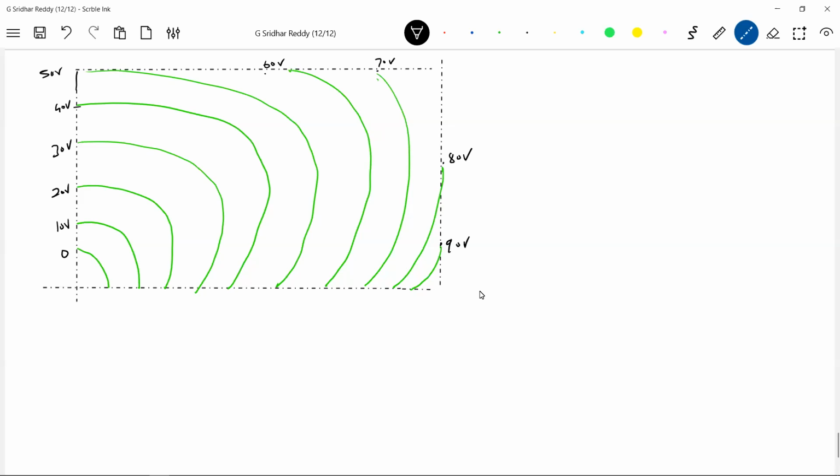Now, these are some troublesome diagrams that will be given to you. So these are the lines of force. These are equipotential lines. Arising from a static charge.